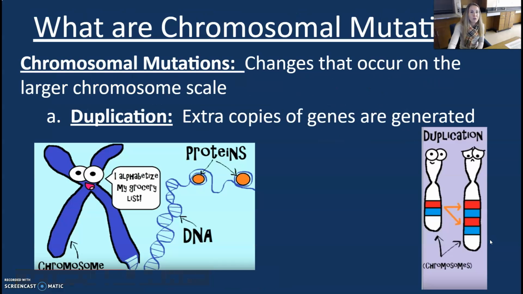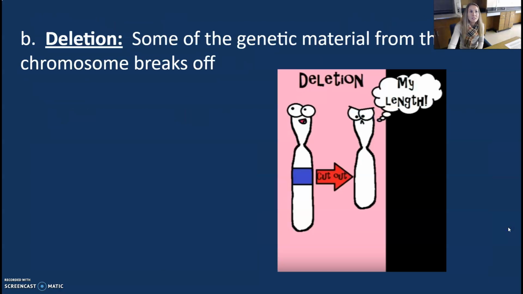Now there are types of chromosomal mutations. What is a chromosomal mutation? It's changes that occur on a larger scale. So it's going to happen on the chromosome, not in the amino acid sequence necessarily. There's duplication, where extra copies of genes are made. There's deletion, where some of the genetic material of the chromosome breaks off.